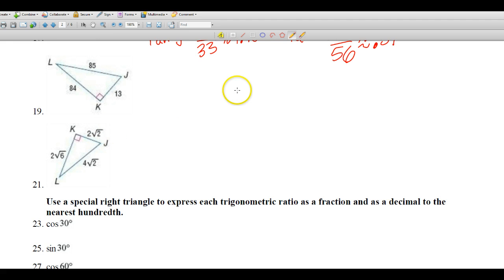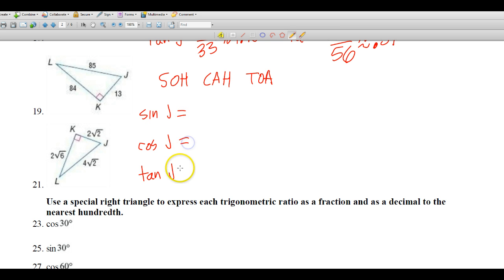So the sine, cosine, and tangent of J first. So opposite is 2 square root of 6. My hypotenuse is 4 square root of 2. And my adjacent leg is 2 square root of 2.